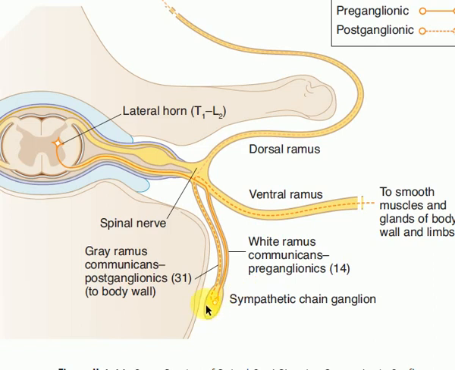So it travels back through the gray ramus communicans, which reaches the point where the spinal nerve is bifurcating and going to the periphery, and it hops onto the spinal nerve, tags along with it, and is distributed to its target organ in the periphery. So this is the pathway that it takes.